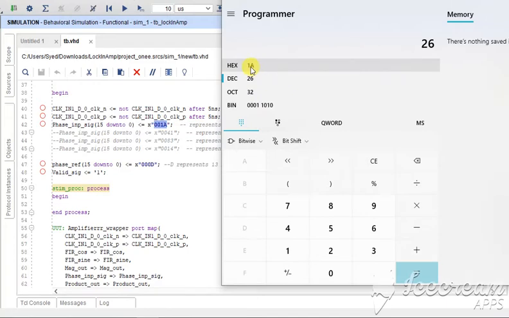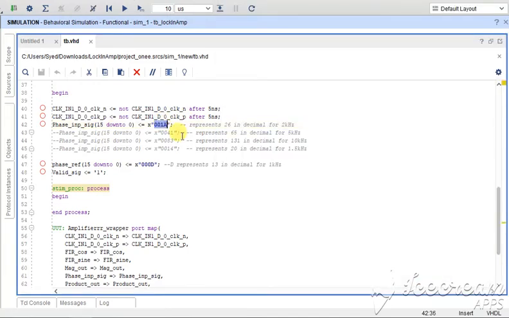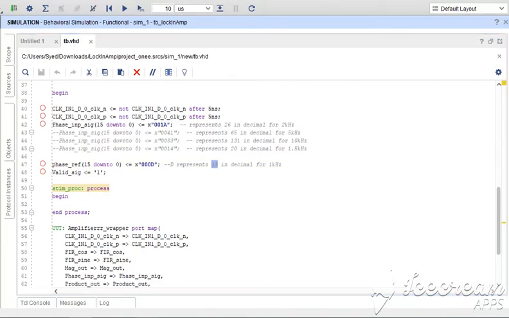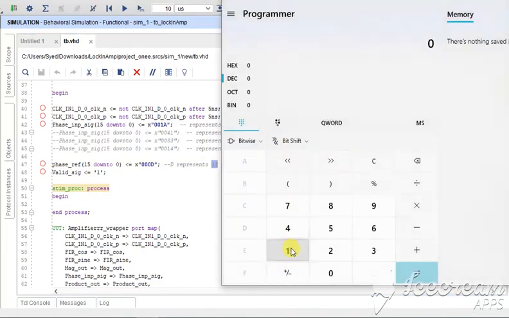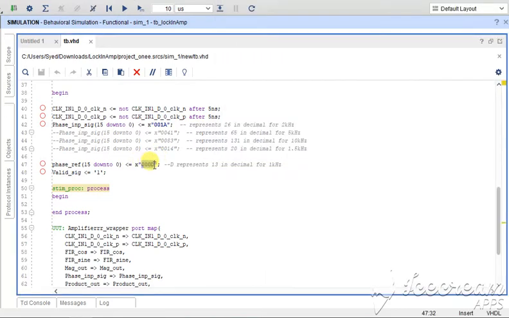The hexadecimal value is 1a, so we write it here as 1a. Similarly, for 1 kilohertz frequency, we get the value of 13 by using the formula. If we put 13 here, it equates to the value d. So we put here 000d, and the signal is of 16 bits, so we define it by the hexadecimal value of 4.